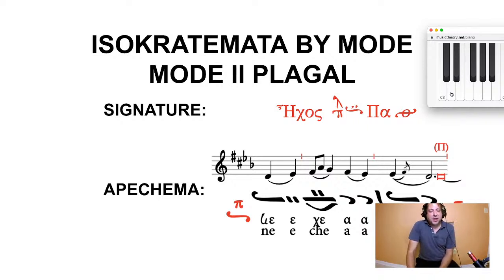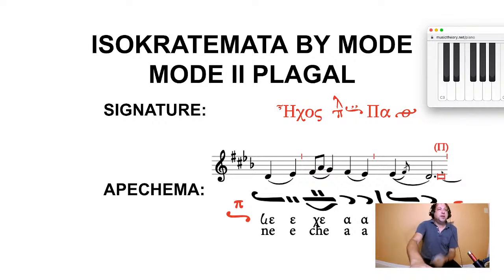So remember how we had neanes, nones for second mode. For plagal second mode, it's neheanes. So that is your plagal second intonation, apígima.